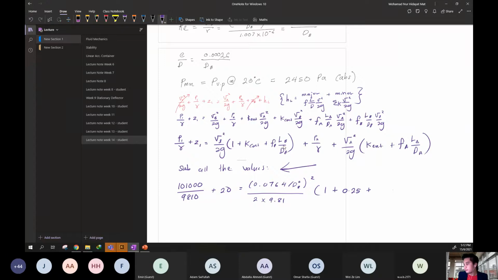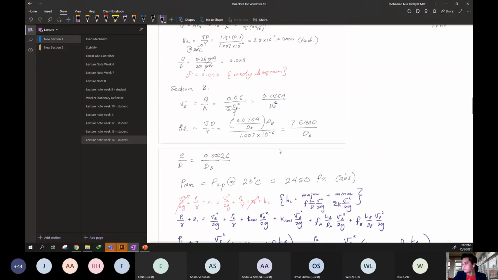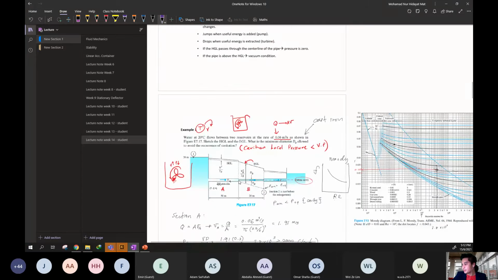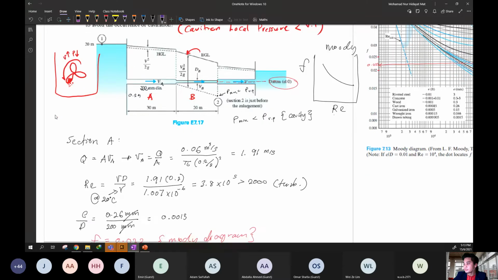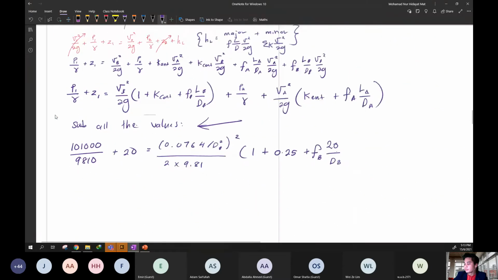Plus friction at B, which is unknown, and LB, the length of the LB region, is 20 over the diameter at DB, which is unknown as well. You can see this one, LB, which is from here to here, is 20 meter. And then close bracket.